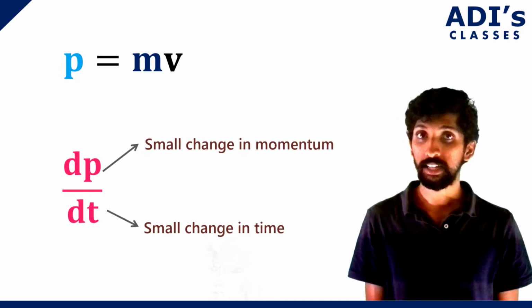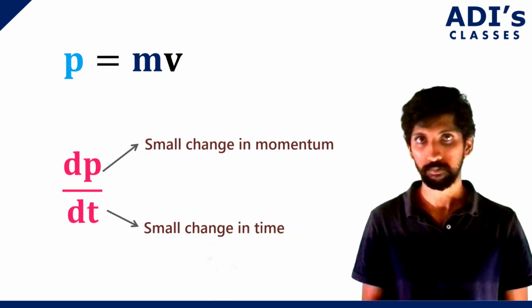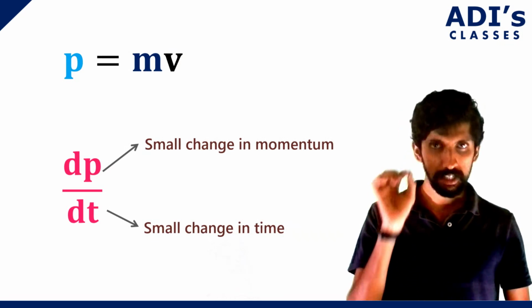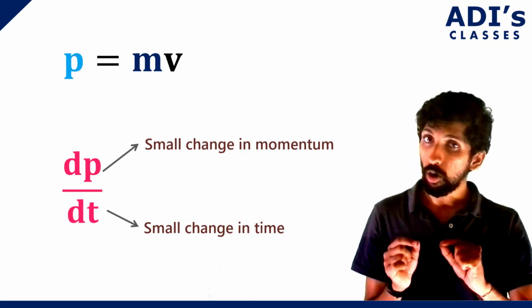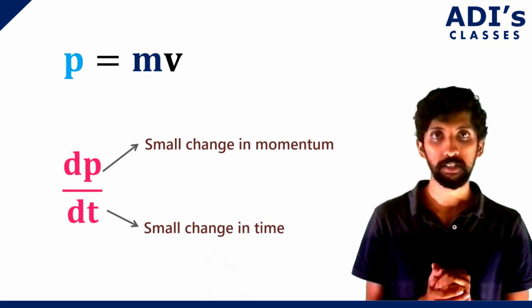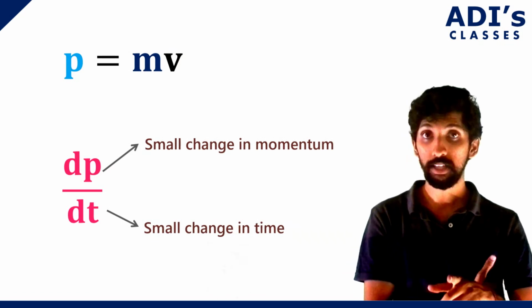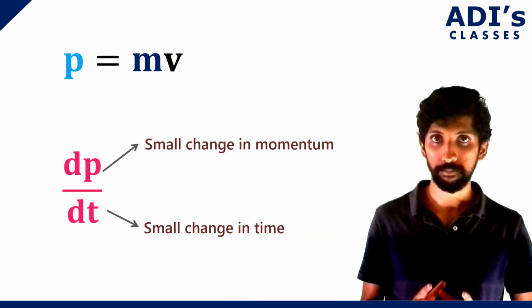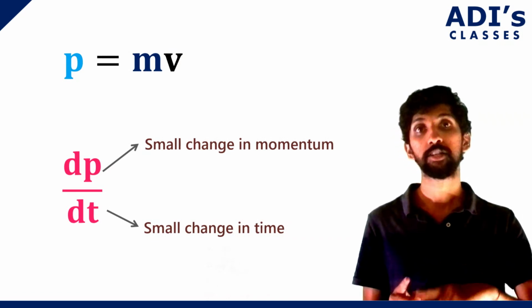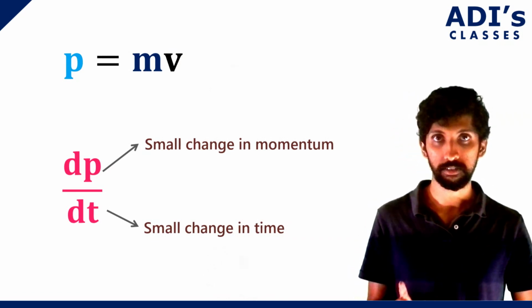You will understand why dt; in mathematics, you will learn why we call it dt. So for a very small amount of time dt, a very small change in momentum is happening. Let's call it dp. So dp is the change in momentum, dt is the change in time. So rate of change of momentum becomes dp by dt.